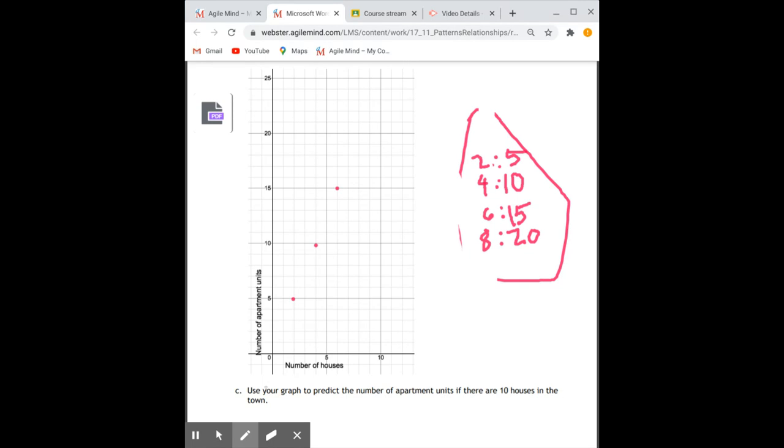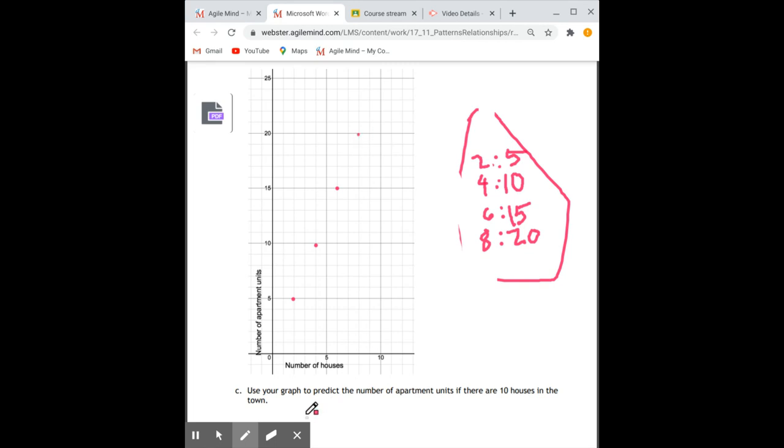I'm trying to see the graph because it's not showing me fully. Okay, now I see it. 8 to 20, you would start at 0 and go to the right, to 8, and then go up to 20.